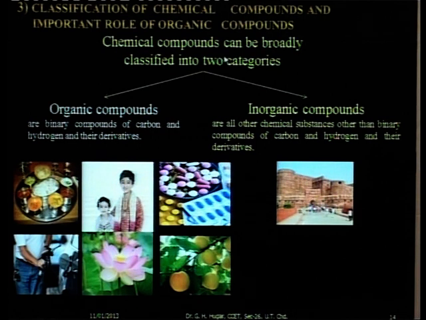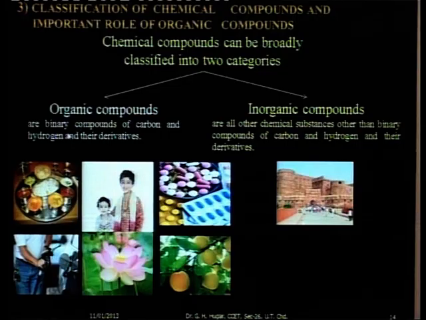Chemical compounds, all together, may be organic or inorganic. The broad classification is into 2 categories: organic compounds and inorganic compounds.